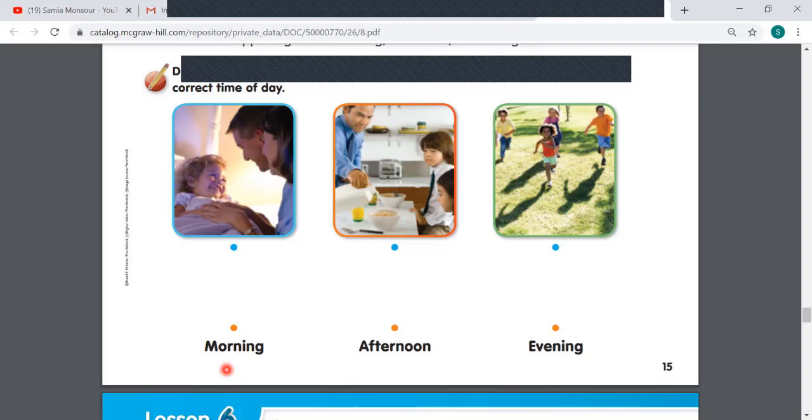So look at the three pictures and I want you to draw a line. If you think this one is morning, you would do that. If you think it's afternoon, you would draw it to here. And if you think it is evening, you would draw a line to this dot for evening. I'm going to give you a minute to do that, and then we'll go over it together.